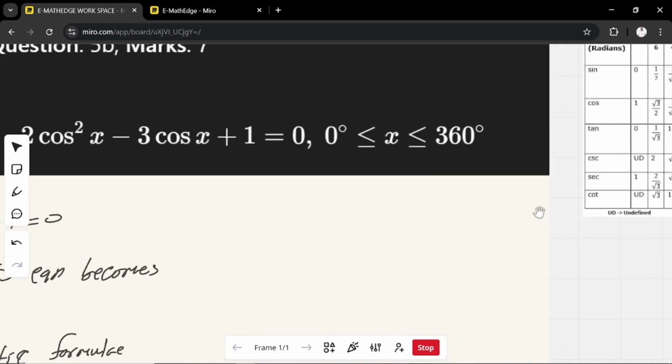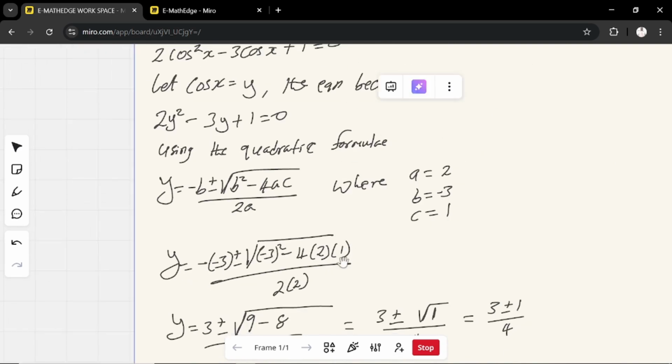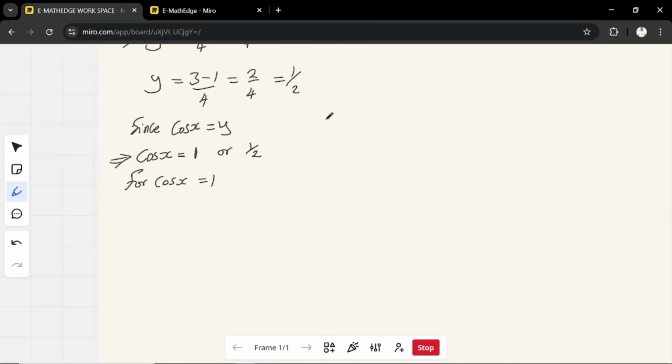So let's quickly go back and state the value for x. At this point we can conclude that the value of x is equal to 0 degrees and 360 degrees. That's for cos x equal to 1. So let's further check for cos x equal to 1 all over 2.